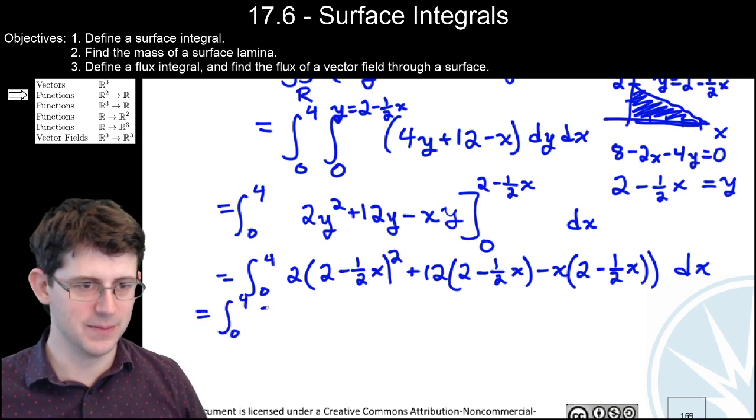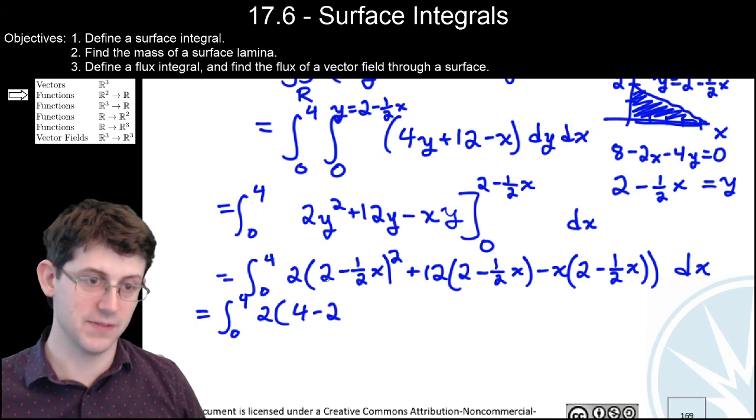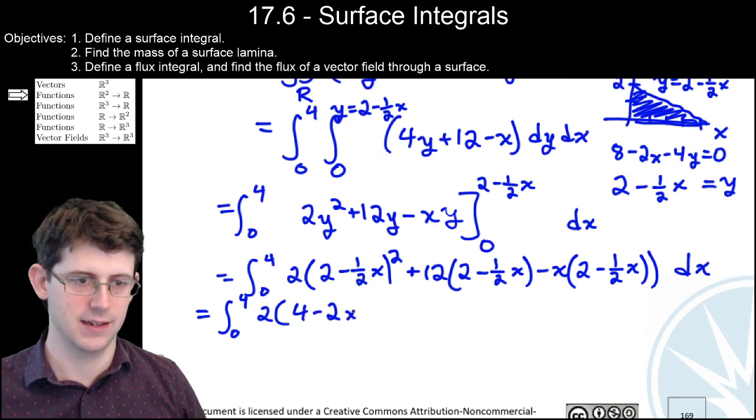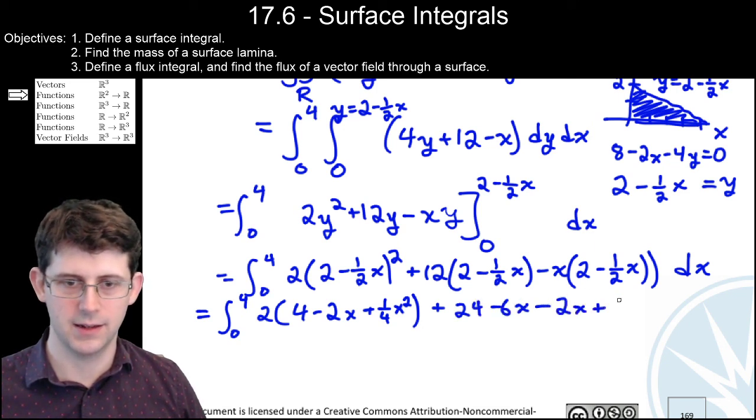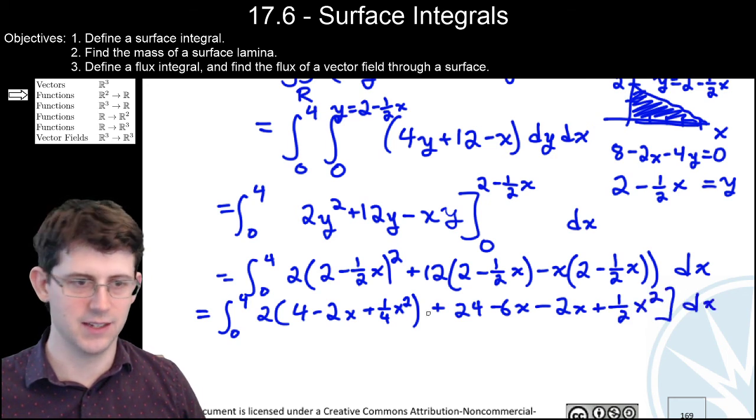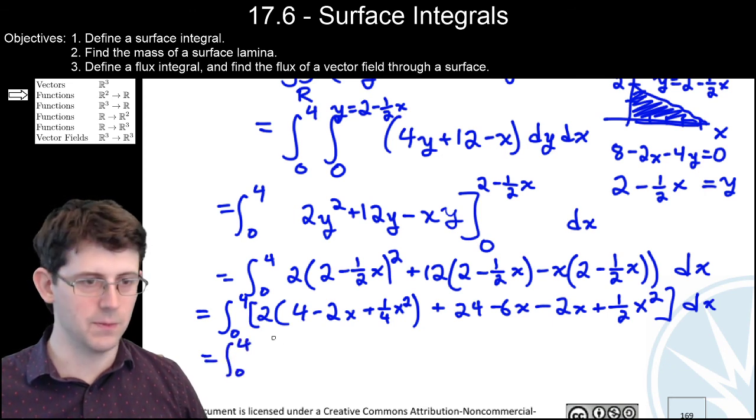Okay, 2 times, let's square this out. First term minus 2 times the first times the second, plus second term squared. This 12 we can distribute. This x we can distribute. Oh, it's not going to be nice numbers. Here's a cubed. So what are we integrating?